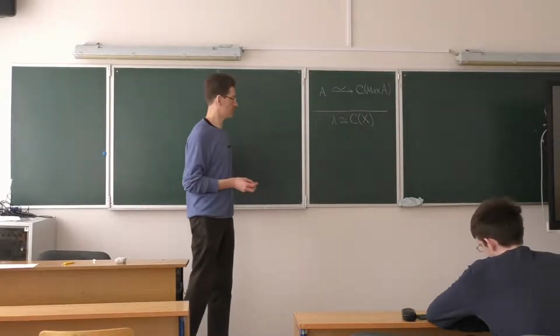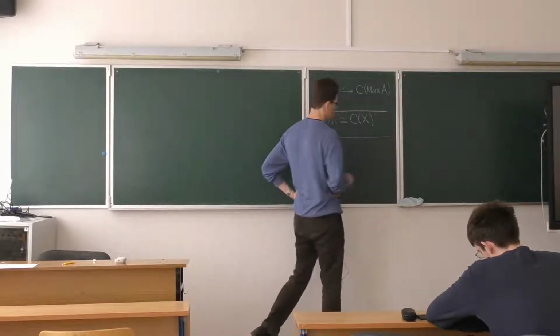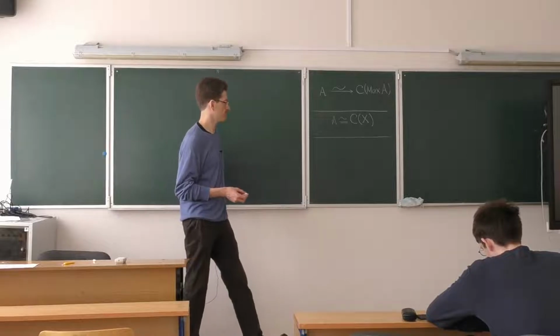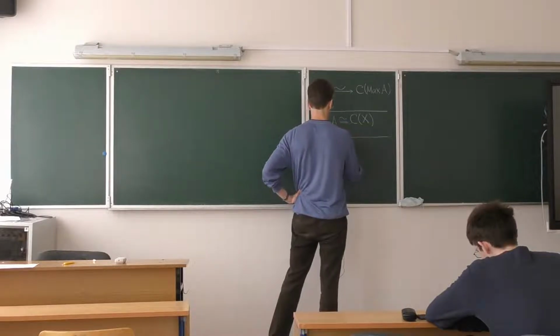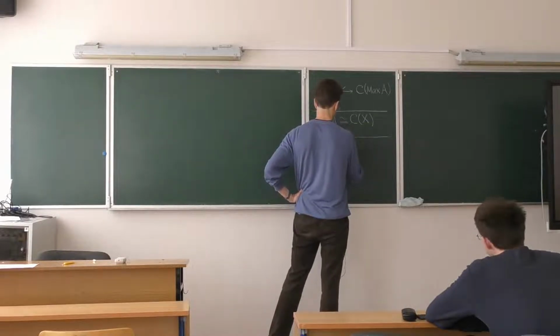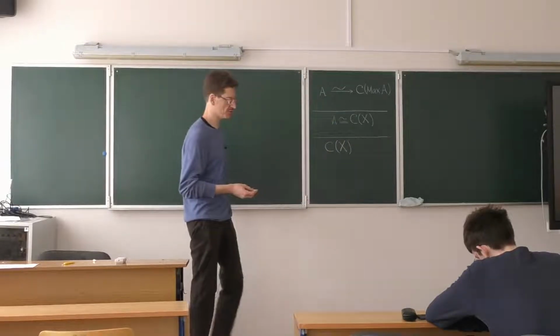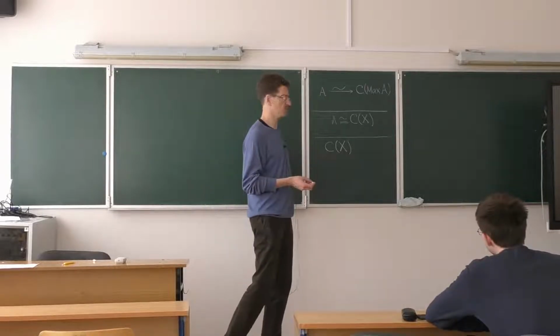By the way, a little remark concerning this result. So what if we take a non-compact topological space X, an arbitrary topological space? Well, in this case, of course, the algebra of continuous functions is not a C-star algebra, because there can be unbounded continuous functions, and we cannot define the supremum norm.